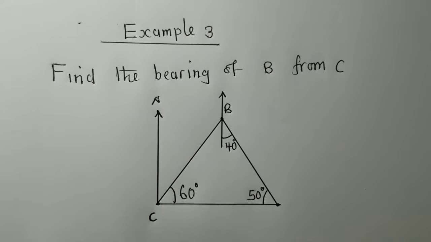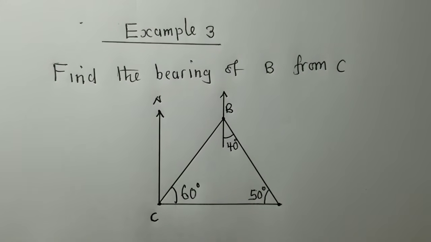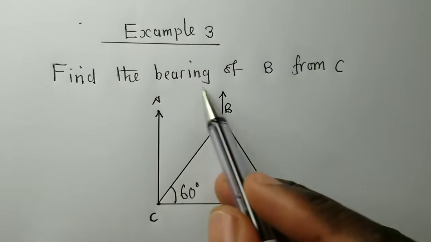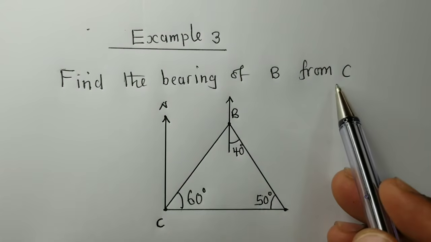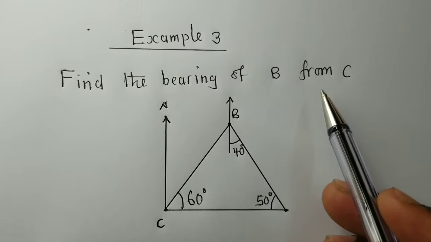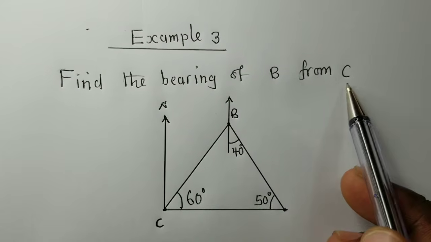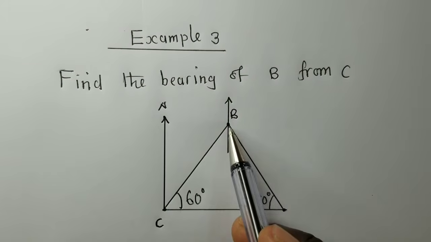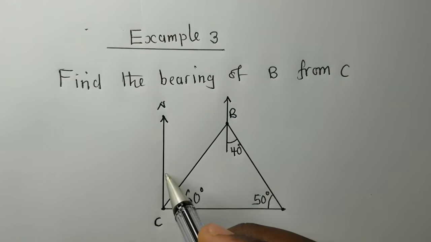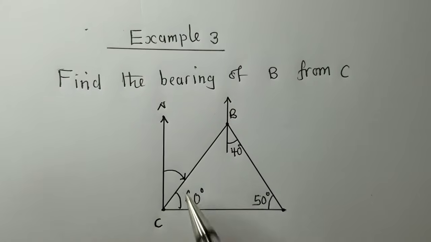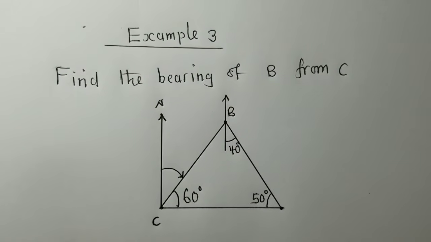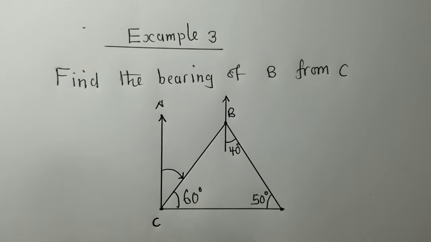All right, so this is example number 3. For example number 3, they're saying find the bearing of B from C. So the most important thing is to identify where the north must be. So they're saying from C, and B is right here. So we go to C, and we start moving from the north. This is the bearing, or the angle that we are supposed to find. So how do we find this one?